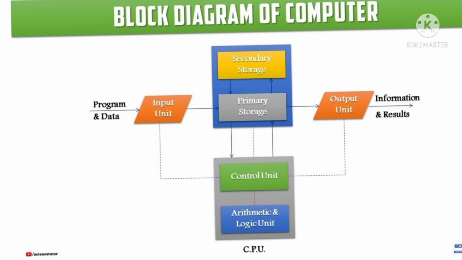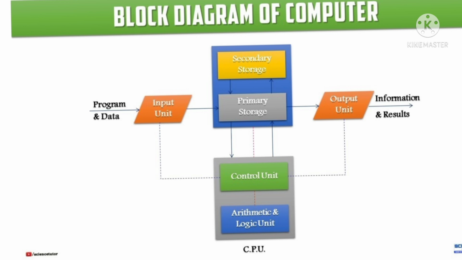Coming to the ALU, the major operations performed by the ALU are addition, subtraction, multiplication, division, logic and comparison as well. What happens is the data is transferred to the ALU from the storage unit when required.